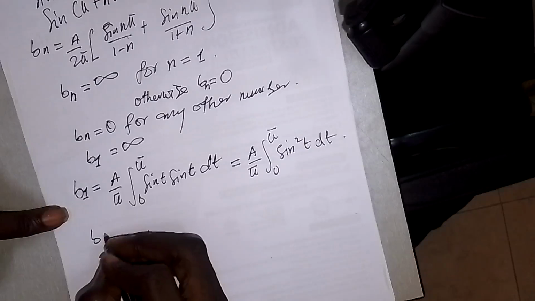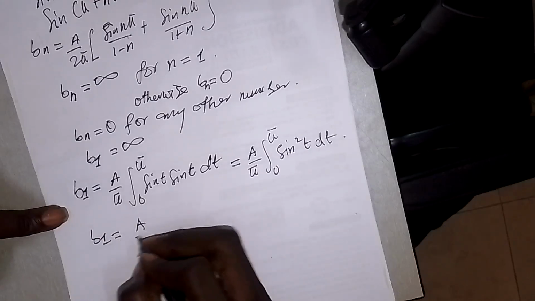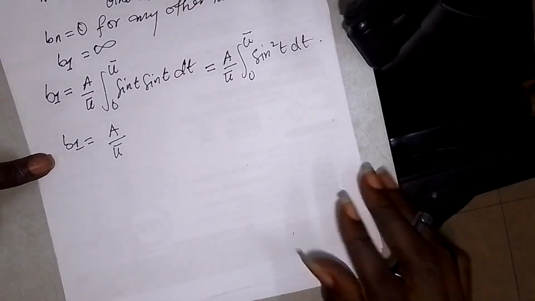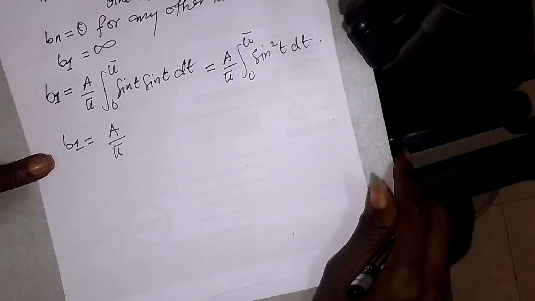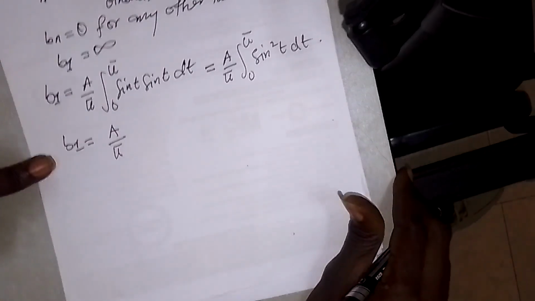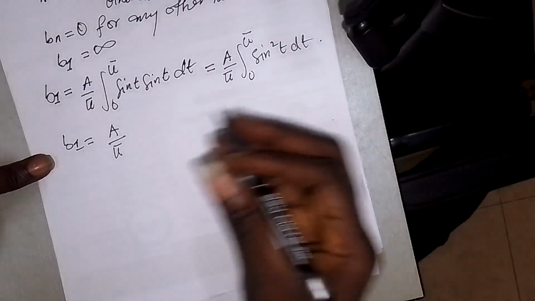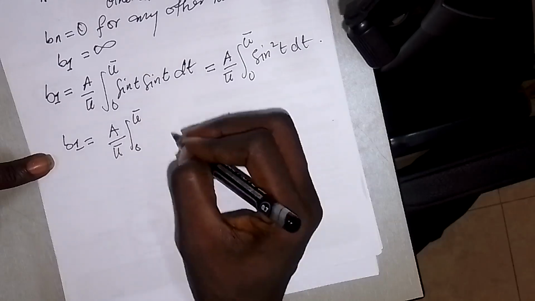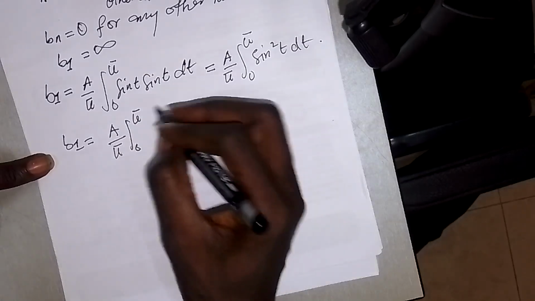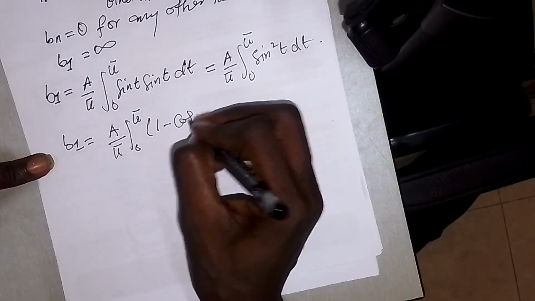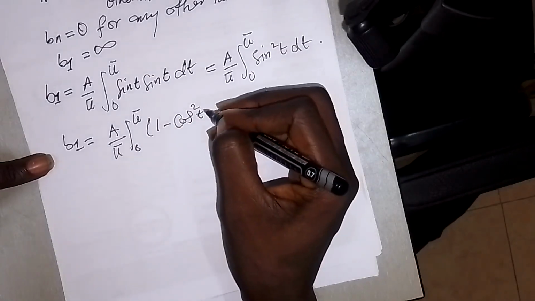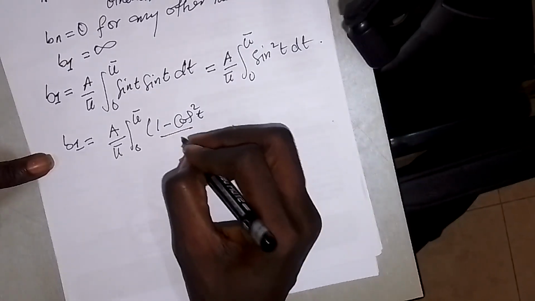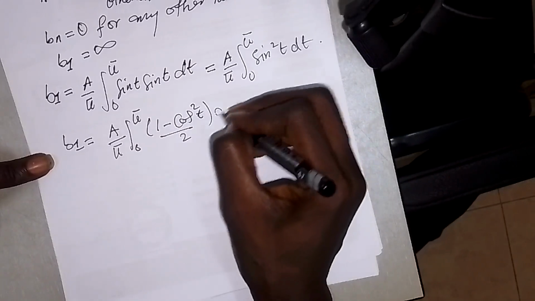In that case, B1 is equal to A over pi into the integral from 0 to pi of 1 minus cos 2t over 2 dt.